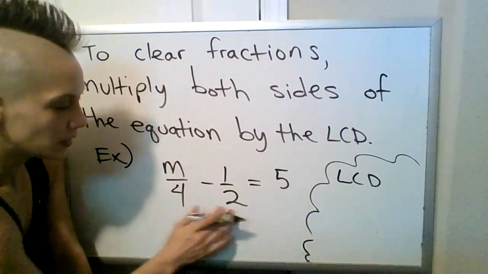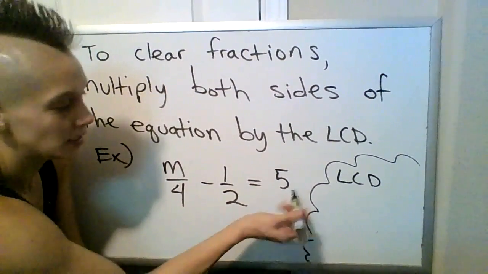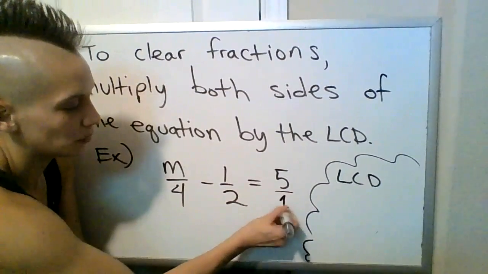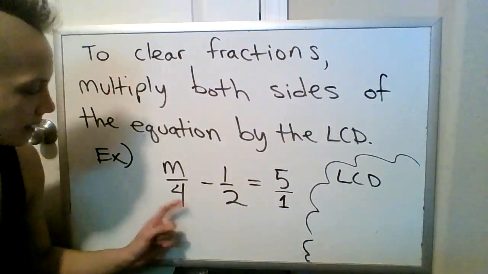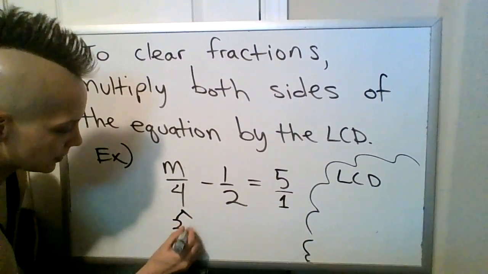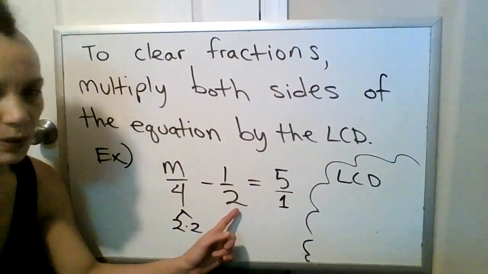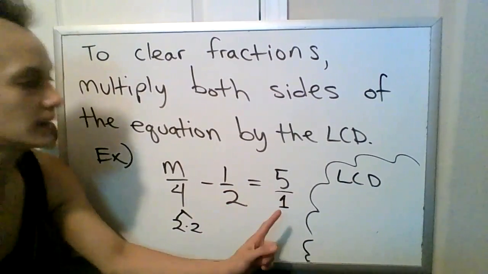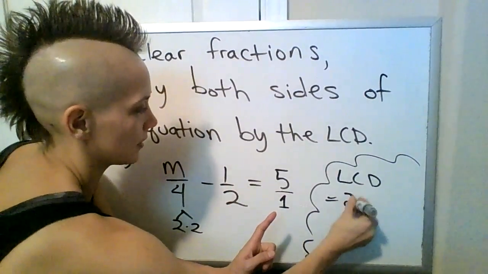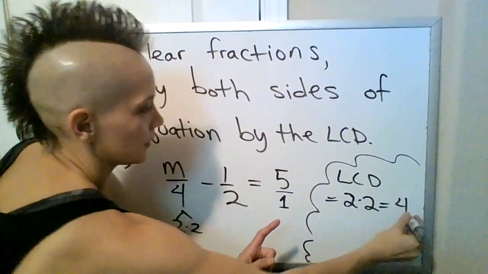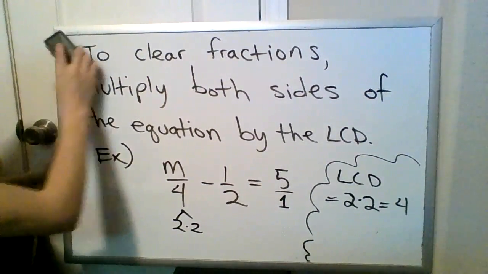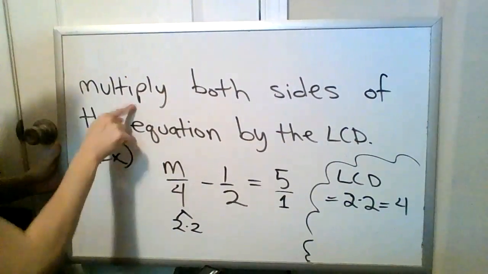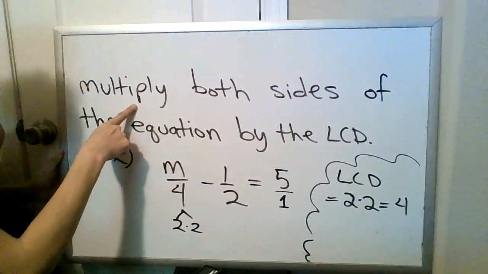So you look at every denominator, even this one, which is a denominator of 1, and then form the LCD. This has 2 factors of 2. This is just 1 factor of 2. It's 2 2's. Okay, multiply both sides of the equation by 4.